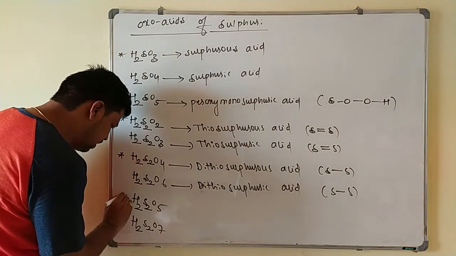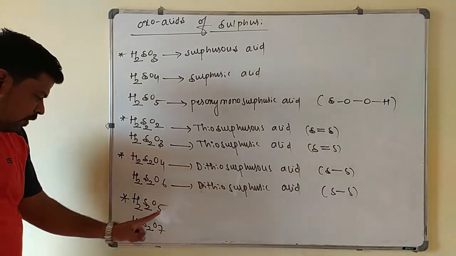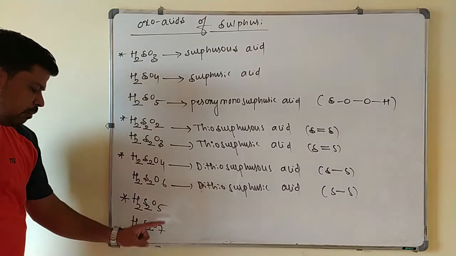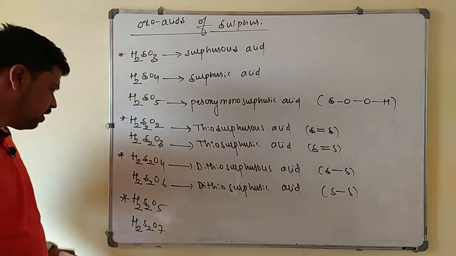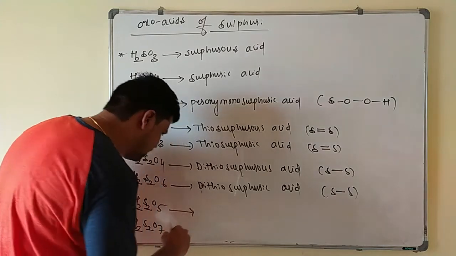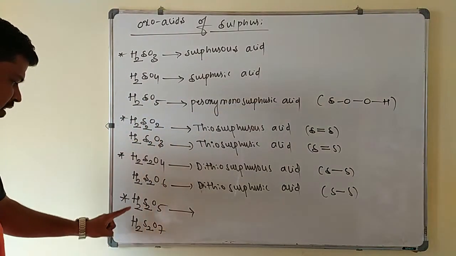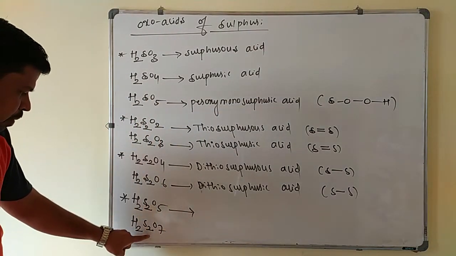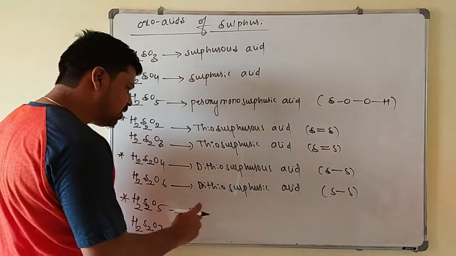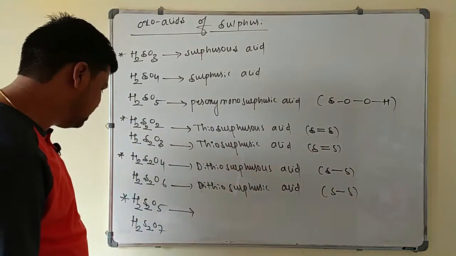Next, this is again ous acid, H2S2O5 and O7. They contain an odd number of oxygens. Keep in mind these are called pyroacids. This is pyrosulfurous acid and pyrosulfuric acid here. Pyro means they contain an SOS linkage.